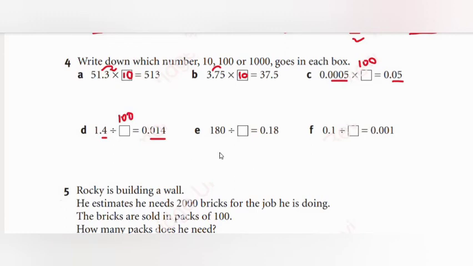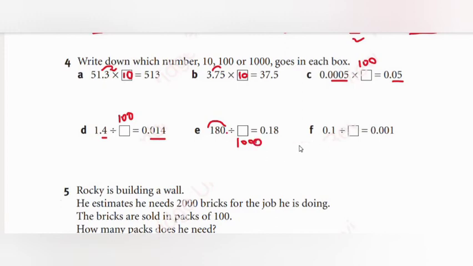Next, for E, 180 divided by which value gives 0.18? That means the decimal is at the end, and it has come after three digits, 1, 2 and 3. After three digits means it is possible only if it is divided by 1000, because 1000 has three zeros for three decimal places.